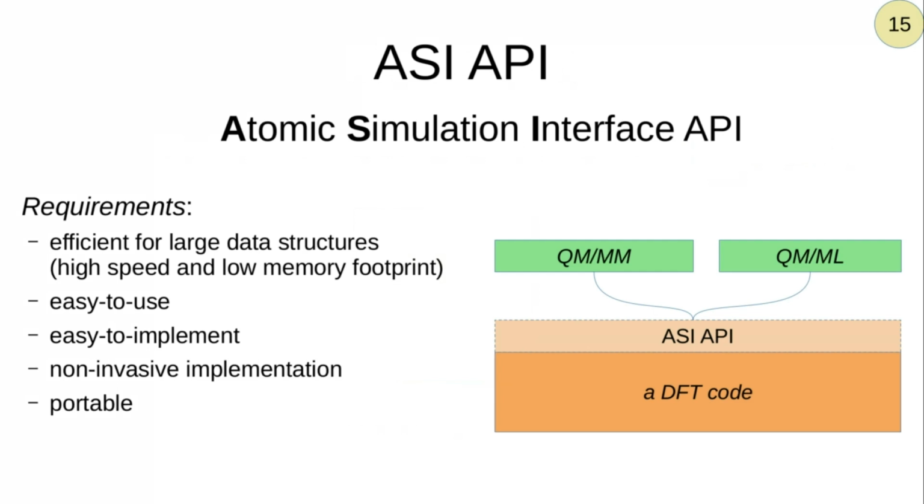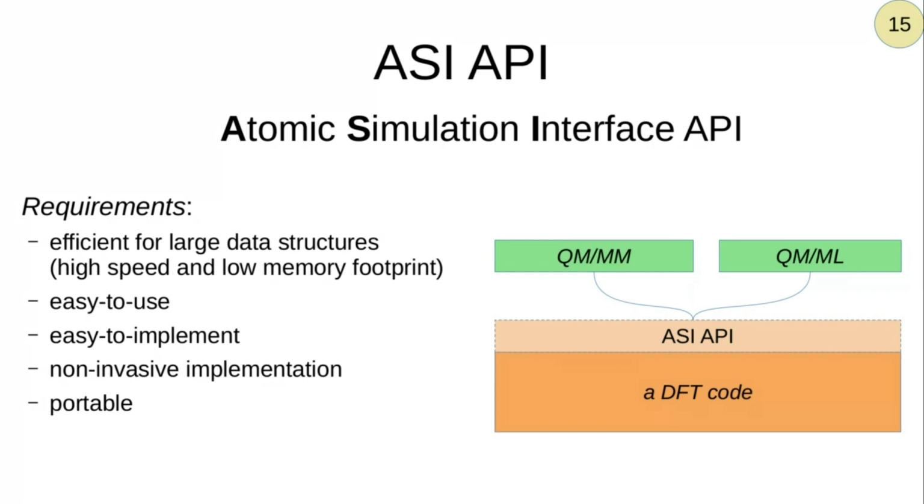We needed this API to be efficient for large data structures, so it can quickly pass through the Roothaan matrices and electrostatic potential for systems of various sizes. It should be easy to use, because we aim to develop complicated workflows with different DFT codes and molecular mechanics codes. It should be easy to implement, because we dare to think that these workflows will be adopted for different DFT codes.